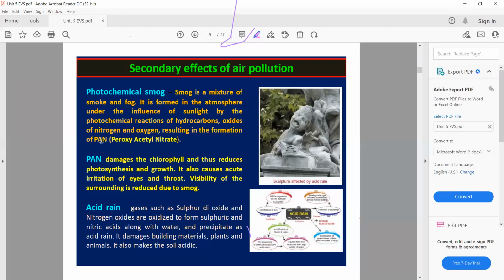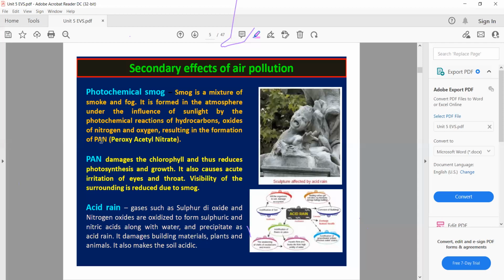Next, coming to acid rain. Gases such as sulfur dioxide and nitrogen dioxides are oxidized to form sulfuric acid, nitric acid, along with water and precipitate as acid rain. It damages building materials, plants, and animals.